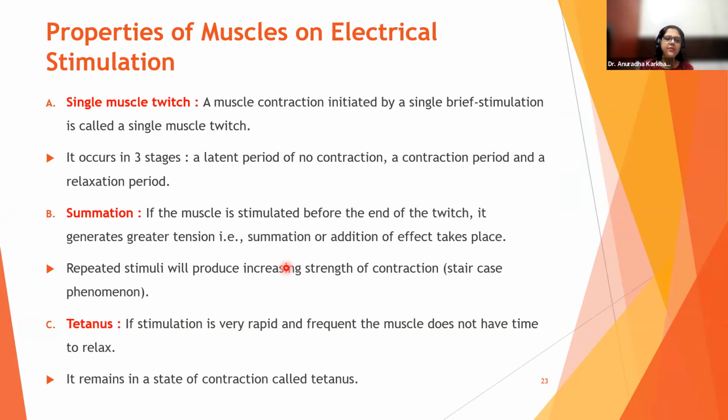Repeated stimuli will produce increasing strength of contraction, which will cause a staircase phenomena. Staircase phenomena का मतलब क्या है? How the staircase rotates. आपने rotating staircase देखा है? ऐसे वाले staircase पे कभी चढ़े हो, गोल वाले? हाँ. So that muscle contraction अगर ज़्यादा हो गया ना, तो ये ऐसे staircase phenomena हो जाता है. It will actually like twist.